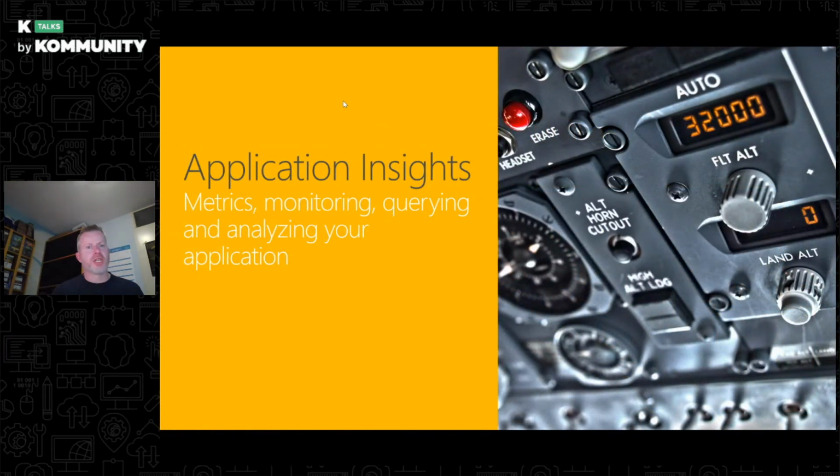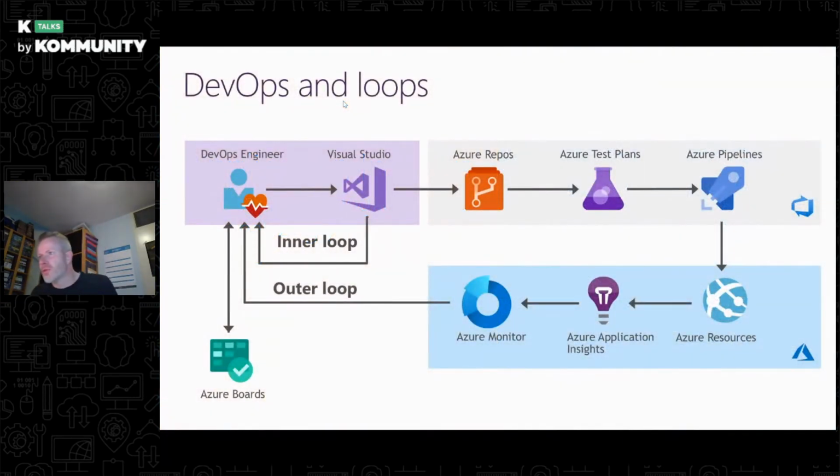Now, the final part is about Application Insights, where we bring the monitoring tooling, the application performance monitoring, and make everything work together. This is the part at the bottom where we have Application Insights gathering a lot of stuff and providing it as a source for Azure Monitor.